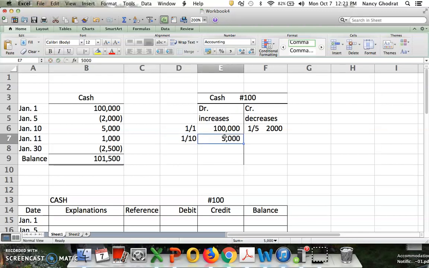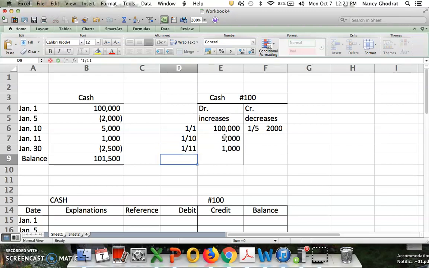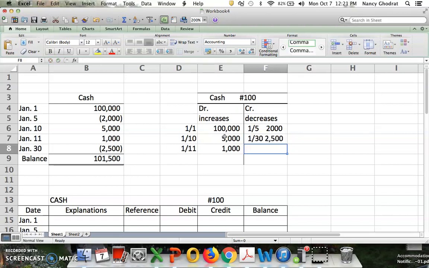And then I have another 1,000 that happened on January 11th. I'm gonna put it here, and then eventually a negative, a reduction in cash on the 30th for the 2,500.